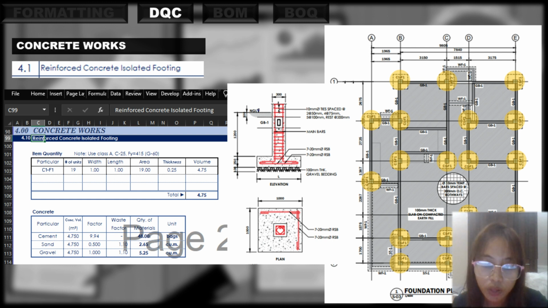For S1 and G1, we multiply the volume by 0.5 and 1.0 respectively. Waste factor of 1.10 is also included to anticipate if ever there will be inadequacy in the actual construction.